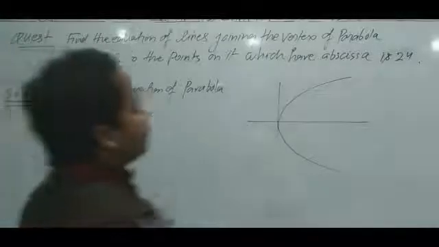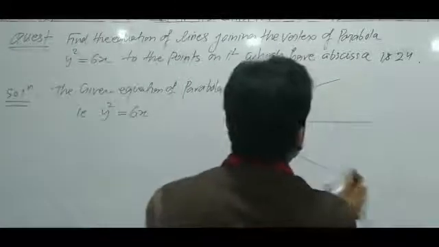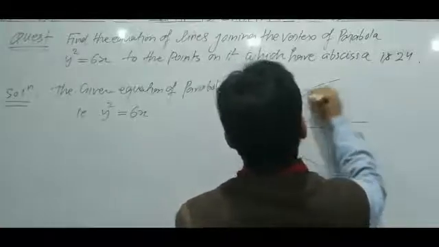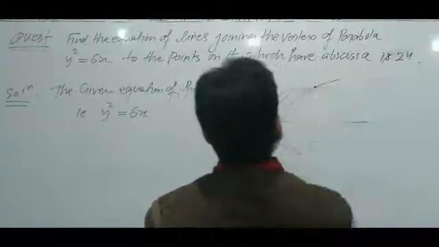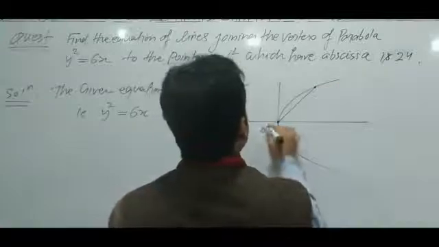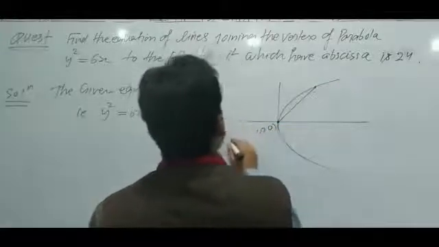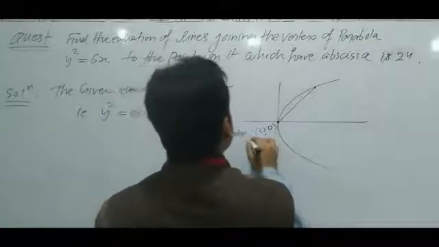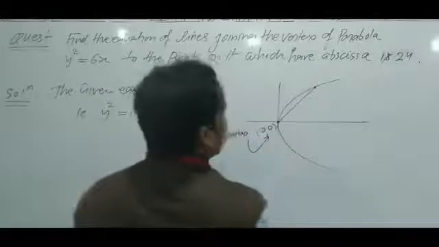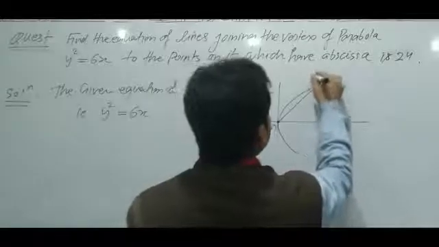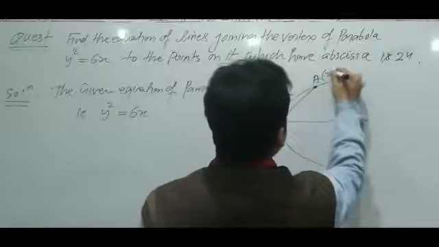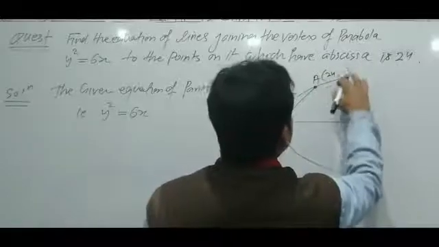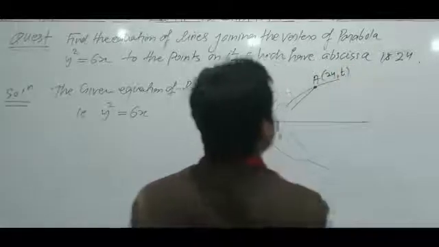Suppose this is the line, and this is the vertex whose coordinates are (0, 0). And this is the point, suppose A, whose abscissa is 24, and y suppose t, so (24, t).